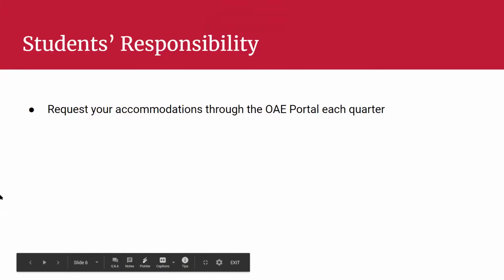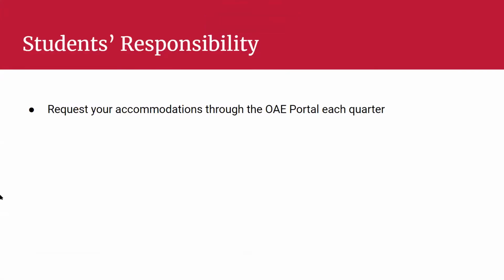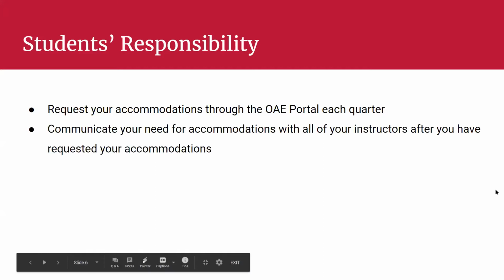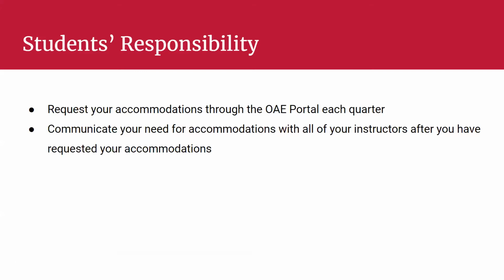And so when a student comes into our office at SCU, it is your responsibility to request accommodations through the portal each quarter. And part of that intake meeting that we have is demonstrating how to do that. So it's a really easy process for you. You'll need to communicate your need for accommodations with all of your instructors, as I just mentioned, and do that after you request your accommodations.